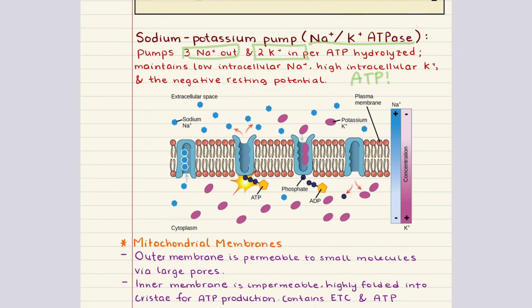This is not only going to keep intracellular sodium low and intracellular potassium high, but it also contributes to the cell's negative resting potential. Because sodium and potassium carry positive charges, this pumping action is electrogenic. It creates a net movement of positive charge out of the cell, which helps maintain that voltage difference.